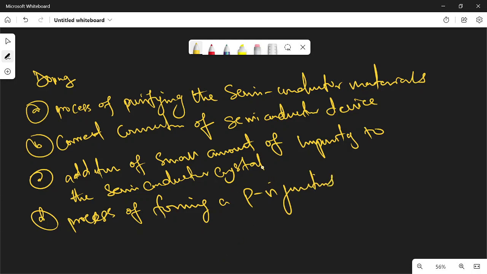So what's the right answer to the question now? The answer is Option C, addition of small amount of impurity to the semiconductor crystal. So that's correct.